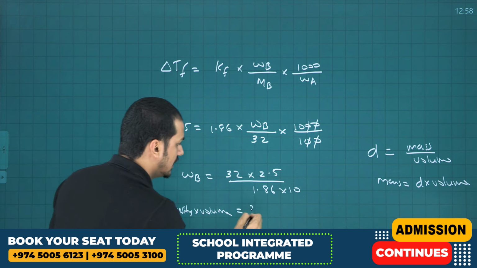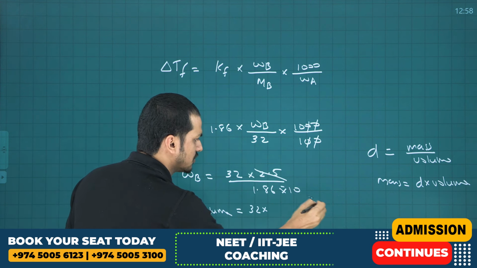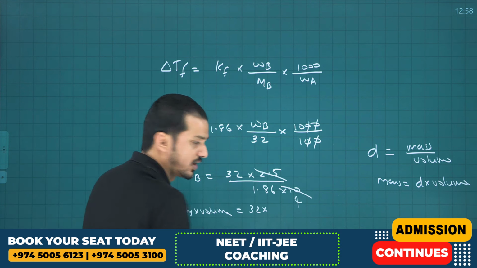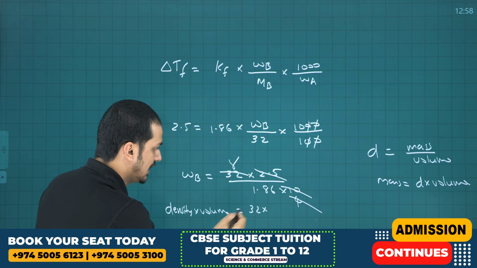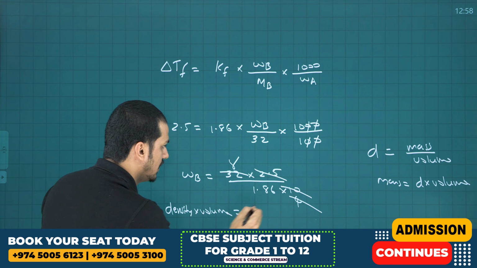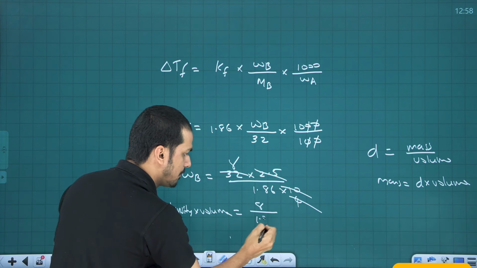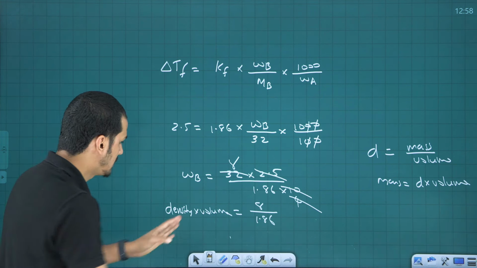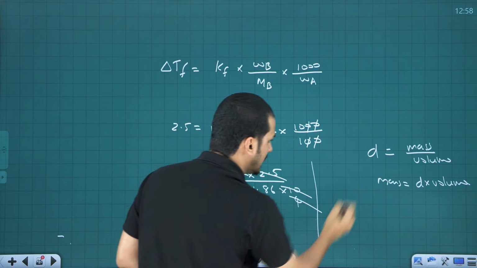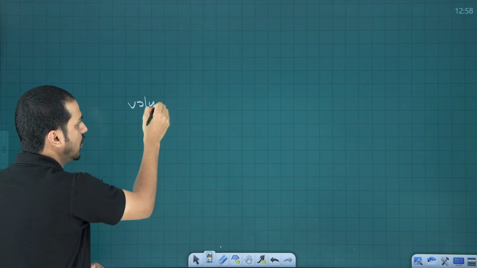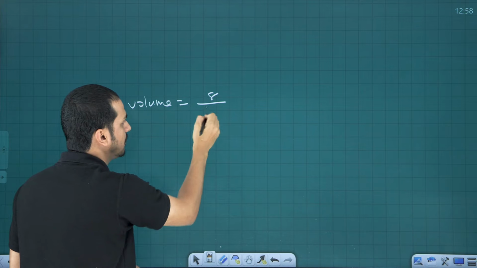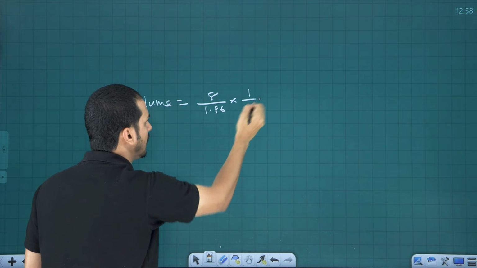That's equal to 32 into 2.5 divided by 1.86 into 10. 2.5 and 10 I can cancel, giving 4. 32 and 4 I can cancel, giving 8. So that is equal to 8 divided by 1.86. Now the volume I can write as 8 divided by 1.86 into 1 by density.